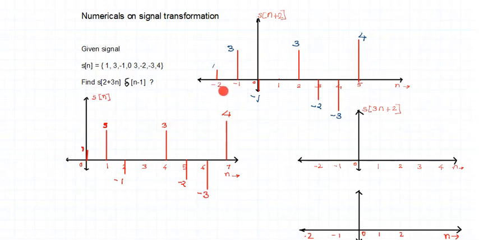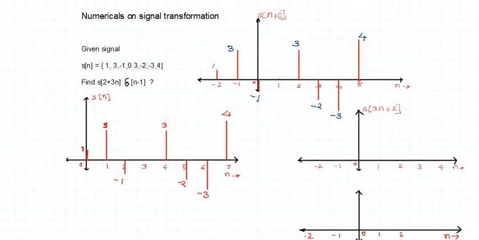So -2 divided by 3 is a non-integer value. As you recall earlier, non-integer samples are discarded. So we discard this sample because we plot the signals only at integer values. The base n of a discrete signal takes only integer values.